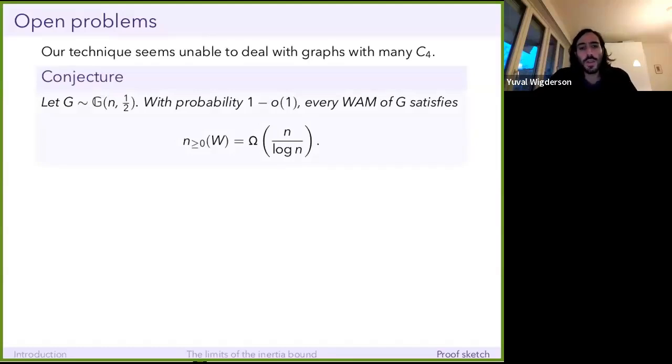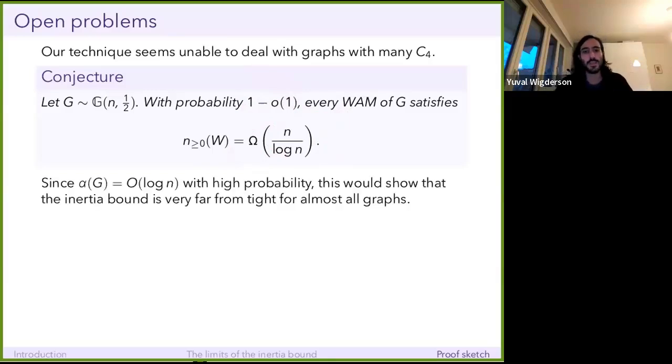So you can ask, what does the inertia bound say about G(n,1/2), just the uniformly random Erdős–Rényi graph? Our conjecture is the following: with probability tending to 1, as n tends to infinity, every weighted adjacency matrix of this graph has at least n over log n non-negative eigenvalues.